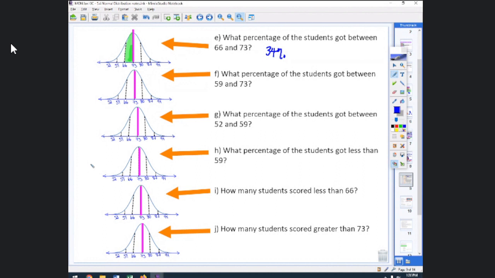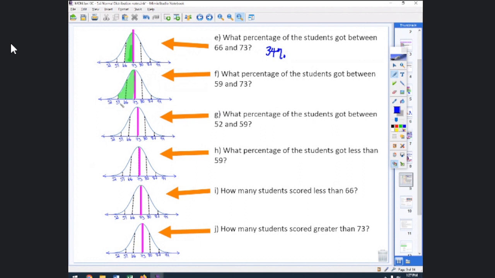So write down what you think. Did anyone get an answer for F?